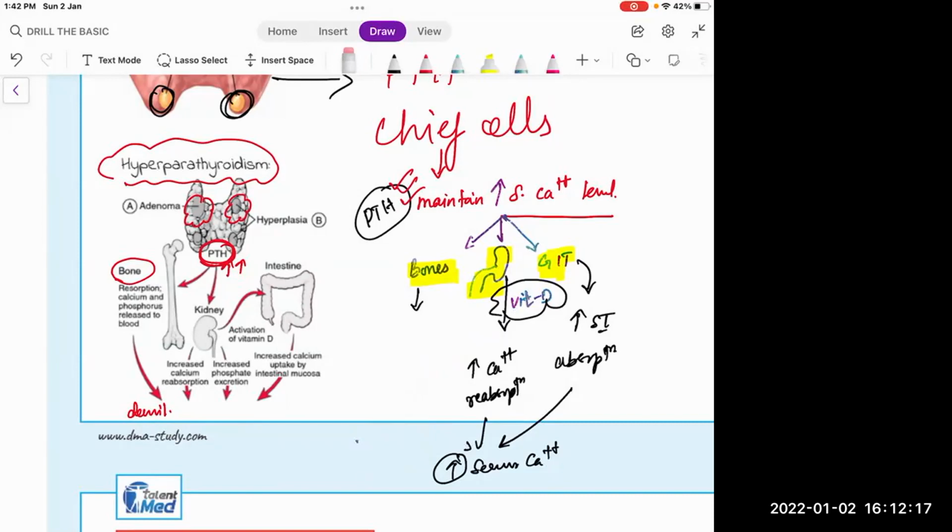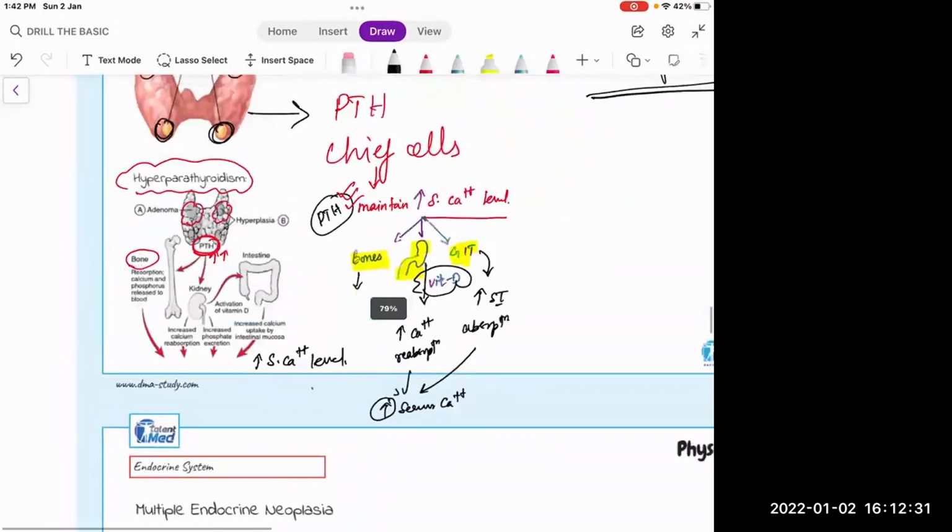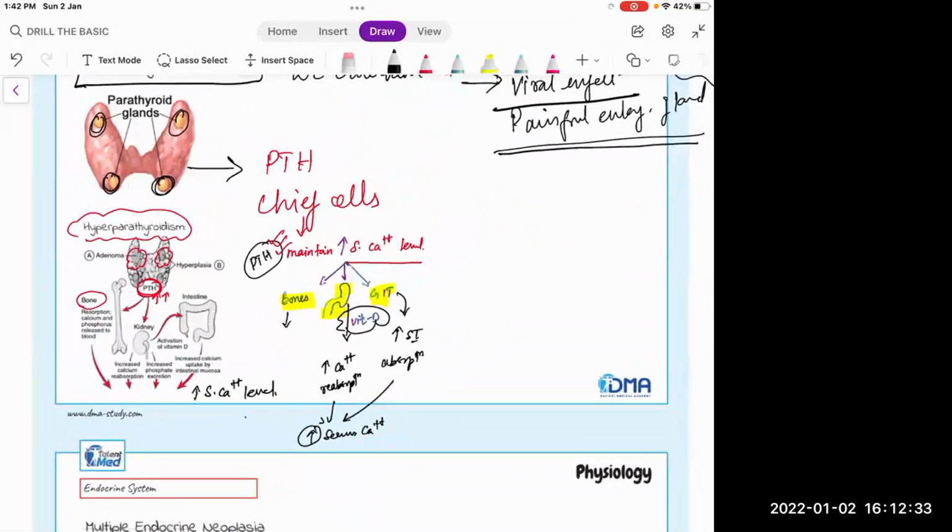On the whole, it has reached its goal by increasing the serum calcium level, but altogether it will also end with a few complications. So in hyperparathyroidism, its goal is increasing the serum calcium level.